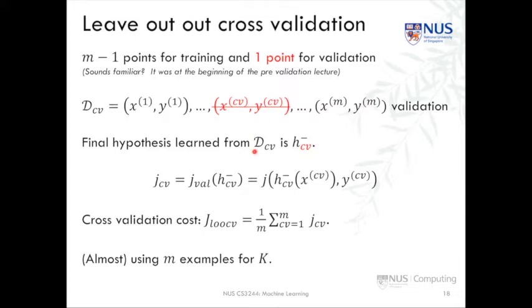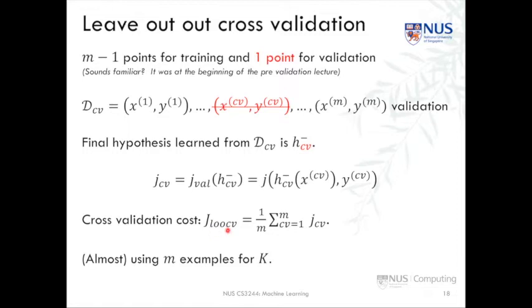Then when we go to do the learning, we are going to learn with this new data set, which just has this CV point subtracted away. We're going to learn a hypothesis H minus, but we're going to denote it specifically as the H minus that's due to this particular missing point CV.